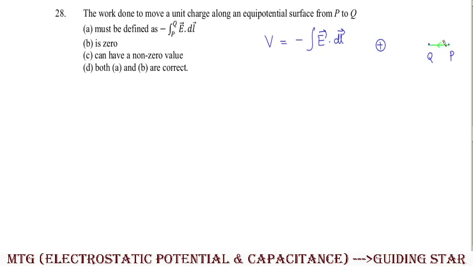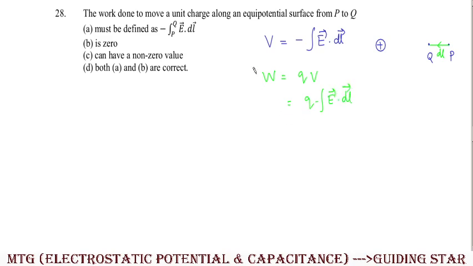This is how we define the potential. Then work done will be equal to Q into V.